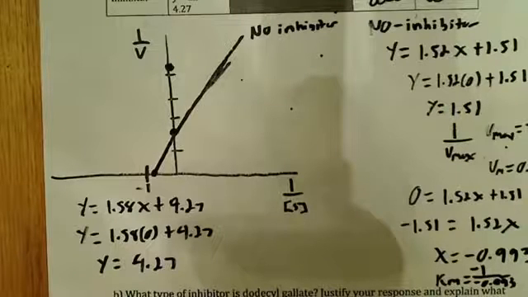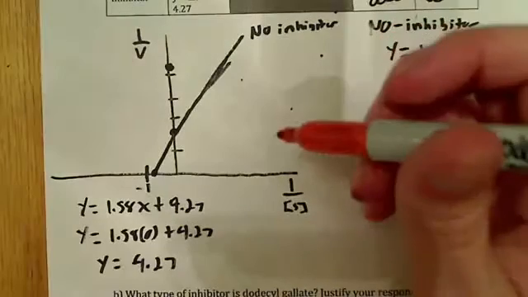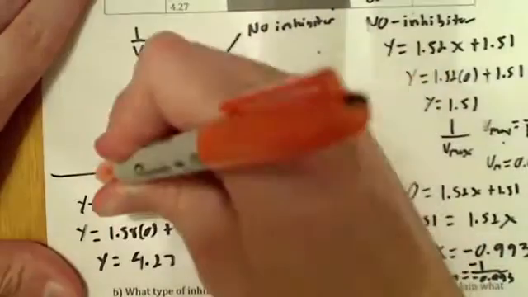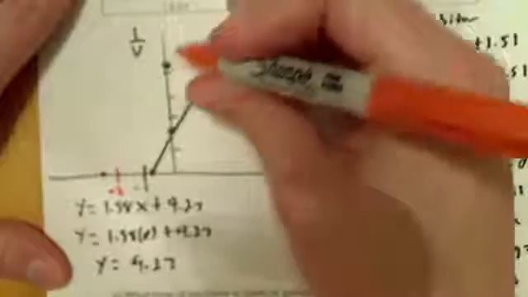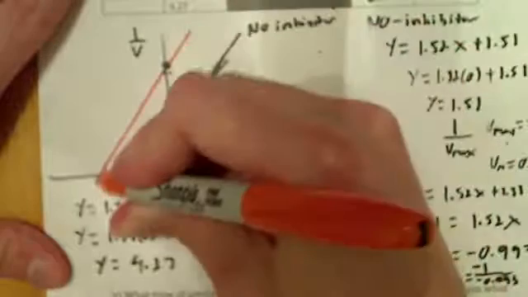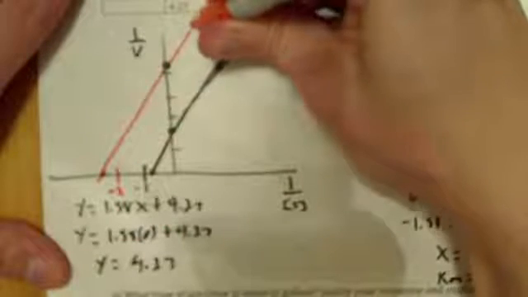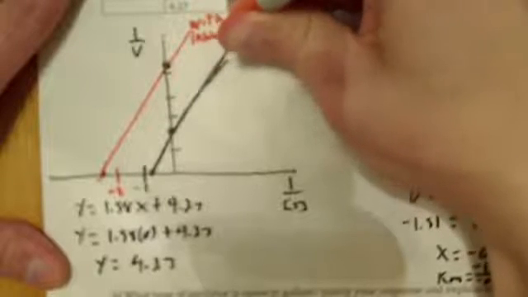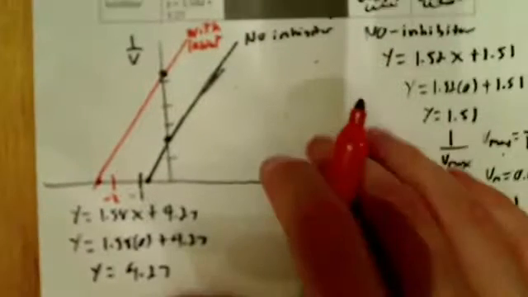It was negative 4.27 divided by 1.58, and that was negative 0.270. So this is going to wind up getting shifted over here. So there's negative 1, here's negative 2, here's roughly negative 2.70. So this graph is going to look something like that, and this is with inhibitor.